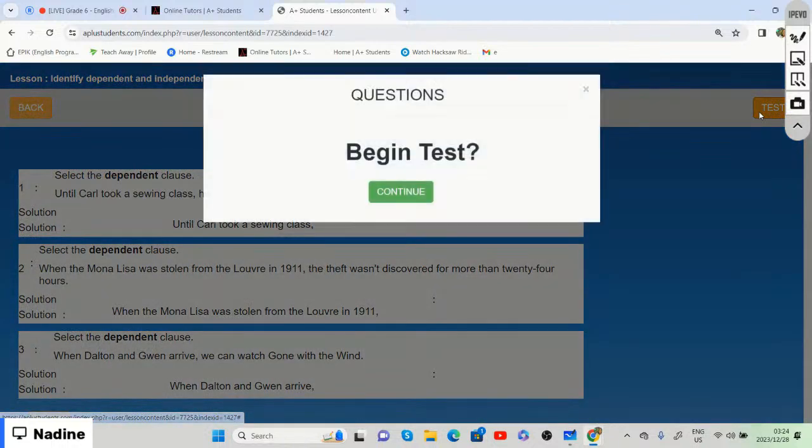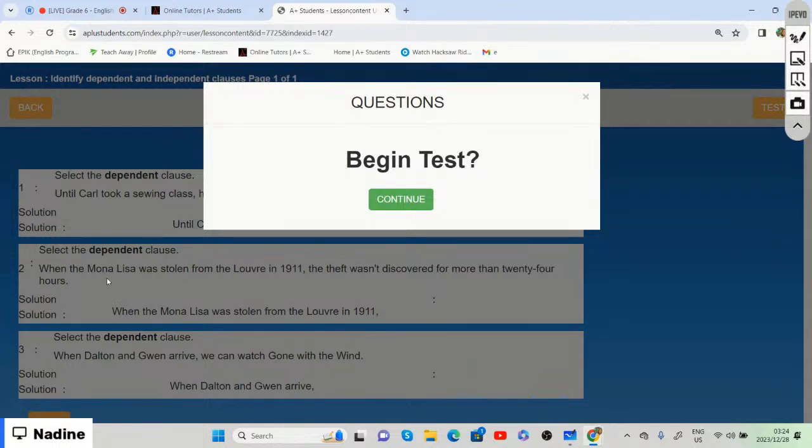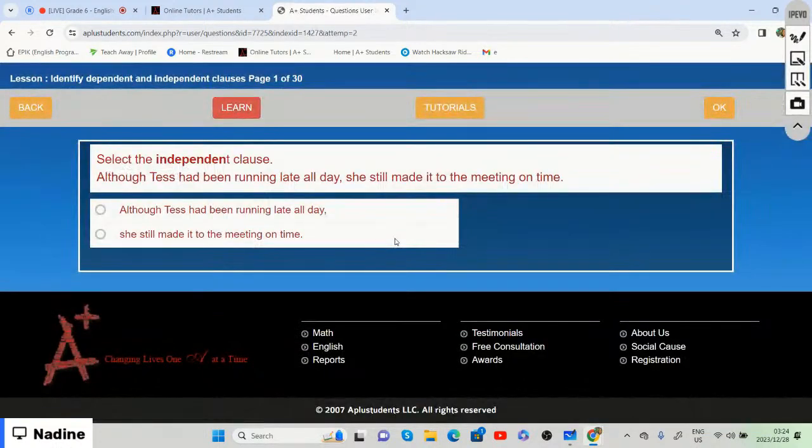All right, so now we're going on to our test, where we're going to identify dependent and independent clauses.